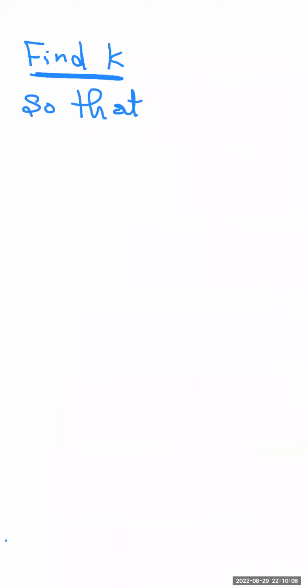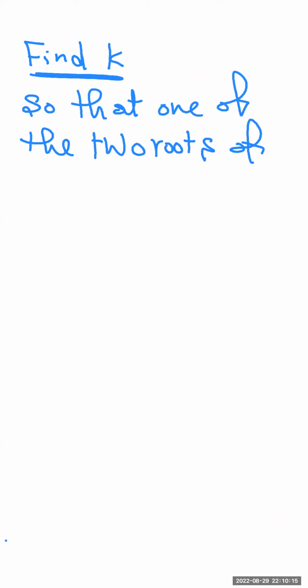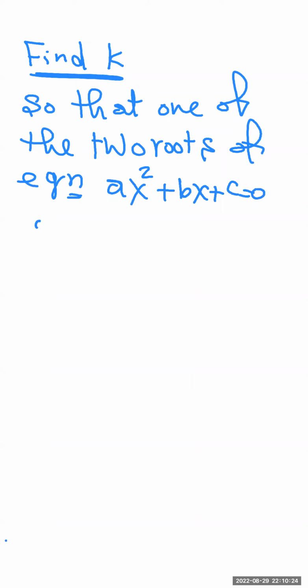Okay. Now the next question. Find the value of k. Find the condition which makes one of the two roots of the equation ax squared plus bx plus c equals 0 the additive inverse of the other.